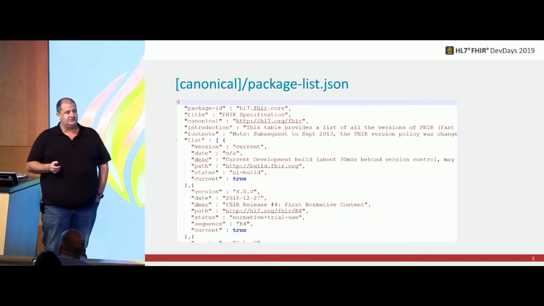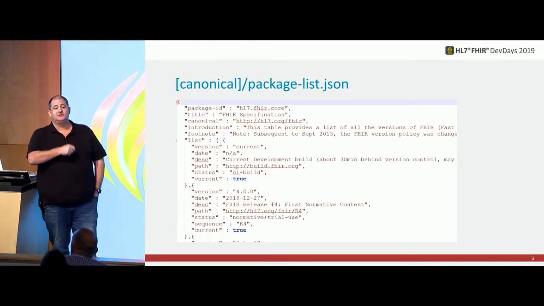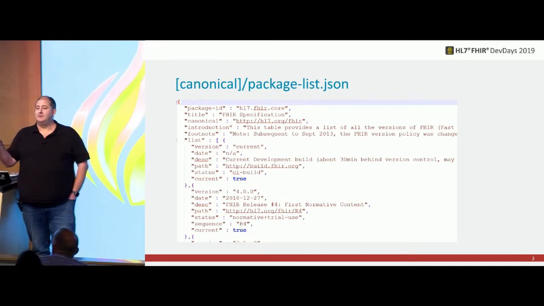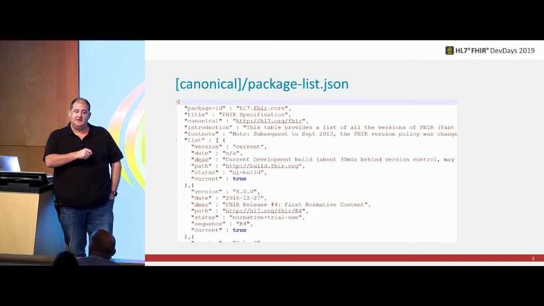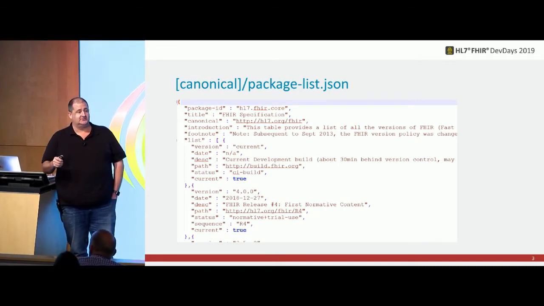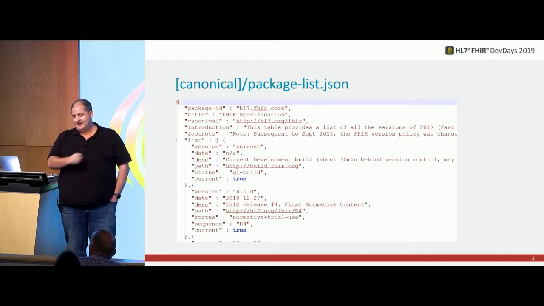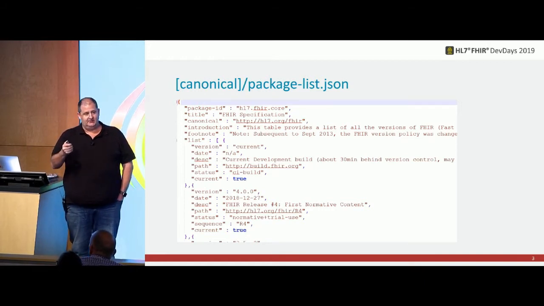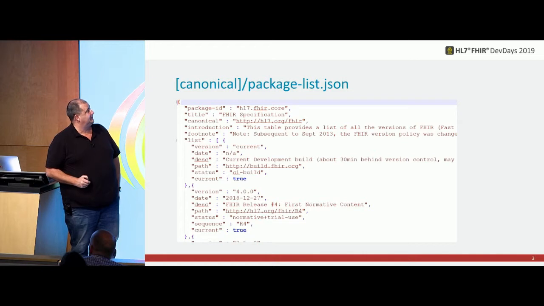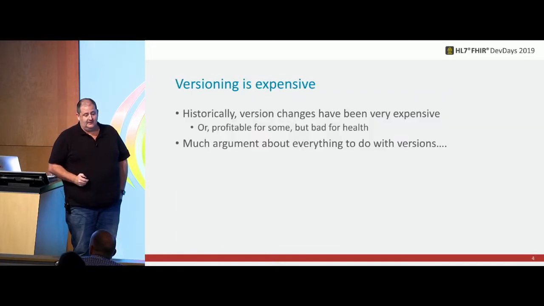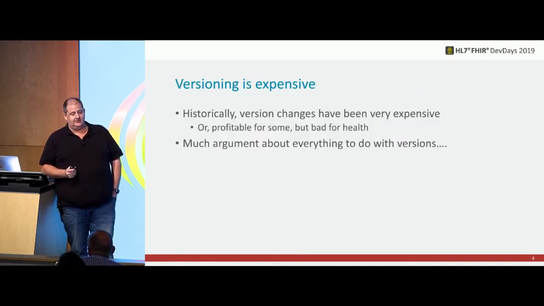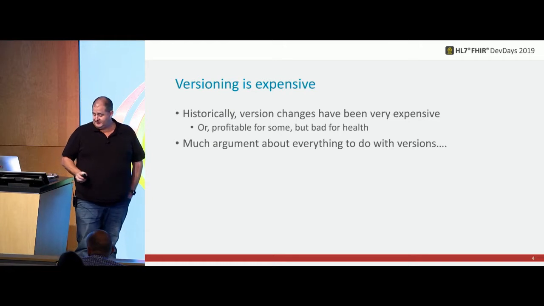So if you're ever interested, there's actually some central JSON files that tell you all the places you can find these files. And so our entire publication history is navigable from JSON, if ever any of you are interested in doing that. What we do know is that versioning is expensive.